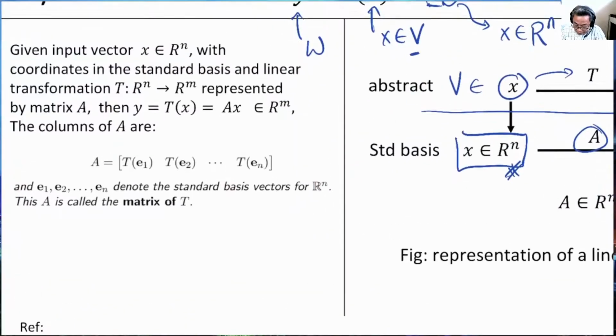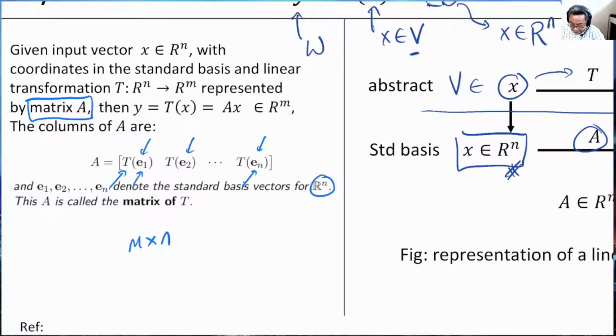If you're wondering about the columns of A, what is A made of? A is a matrix of m by n dimension, and each of its columns is the linear transformation T acting on e1, e2, where e1, e2 are the columns of the identity matrix. e1, e2 up to en are the standard basis for Rn.